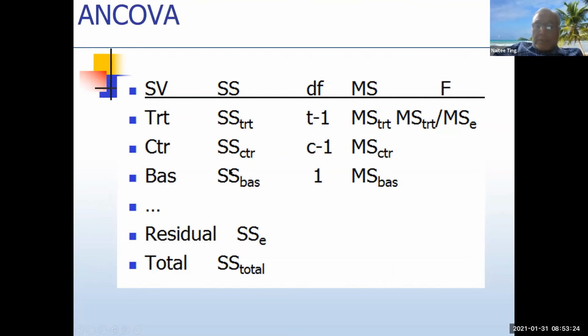The center and baseline are, in a way, nuisance parameters. You're just introducing these parameters or covariates into your model with a hope that it could reduce the residual sum of squares. Of course, it has some other meanings, because if it doesn't have any other meaning, why should we include these extra terms? Because simply by including more terms, we are artificially reducing the sum of squares for residual.